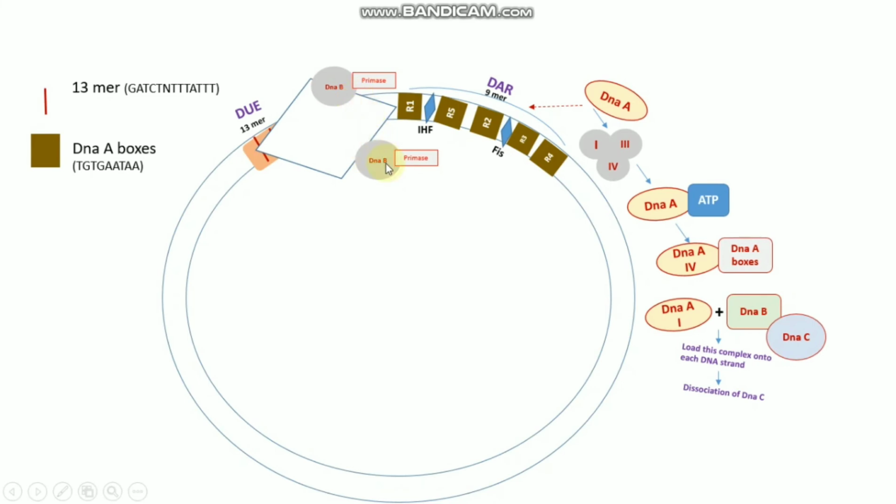Then the dissociation of DnaC occurs. Whenever the primer is synthesized, DnaC dissociates from DnaB. You see, DnaB is alone here because DnaC has already dissociated.